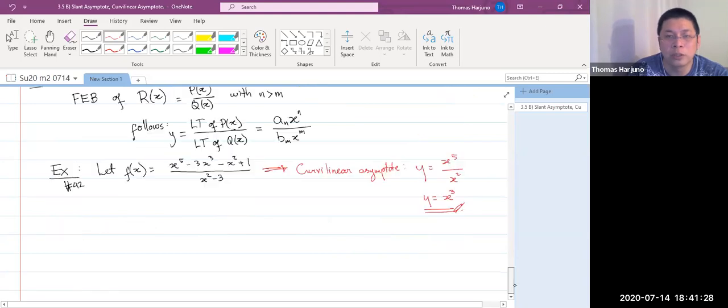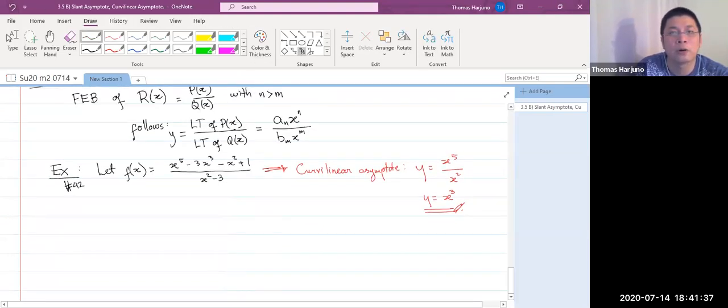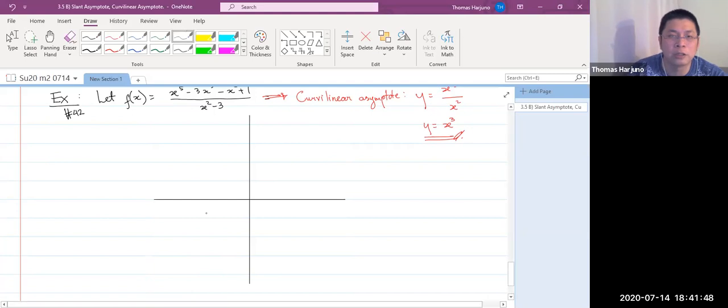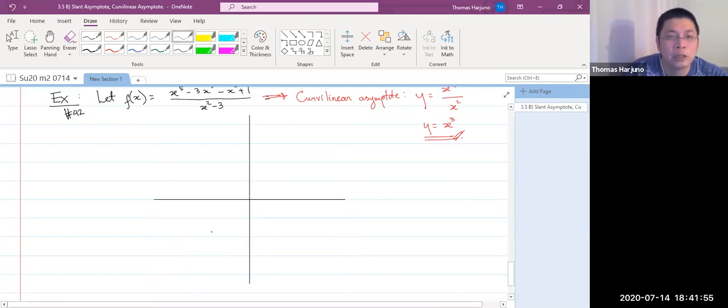So you will see that when we sketch the graph later on, the graph may behave in a certain way, but when you go very far to the left or very far to the right, then you will see the graph actually get closer to x cubed.